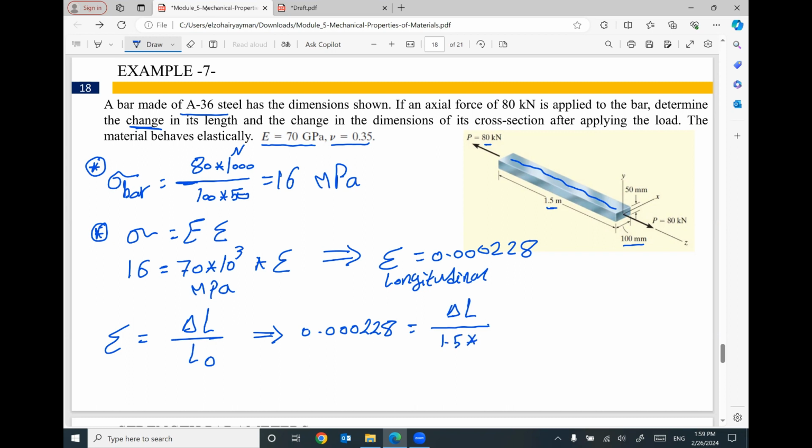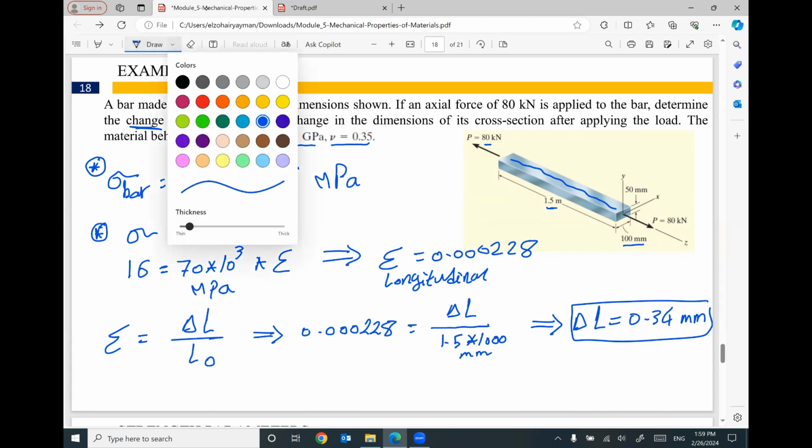I'm going to multiply it by 1000 to be in millimeter. So I can figure out the elongation of this bar. It will be 0.34 millimeter. This is the change in the length of the bar. We have a change in the length.